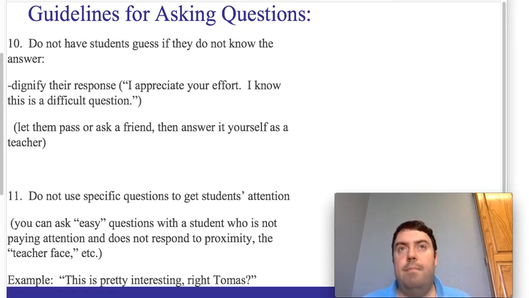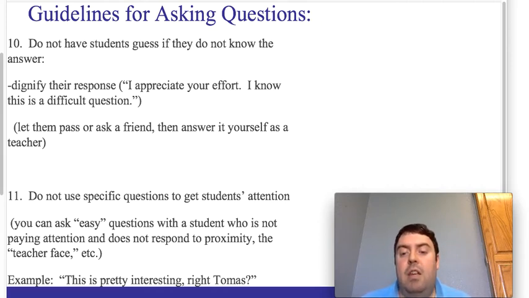Many times if a student's not paying attention and you give them a question, they're very likely to get it wrong. Also, not only are you setting them up for failure, but it could also embarrass students again.